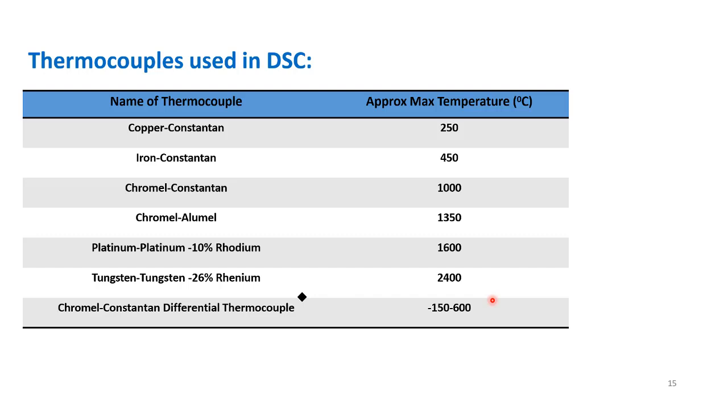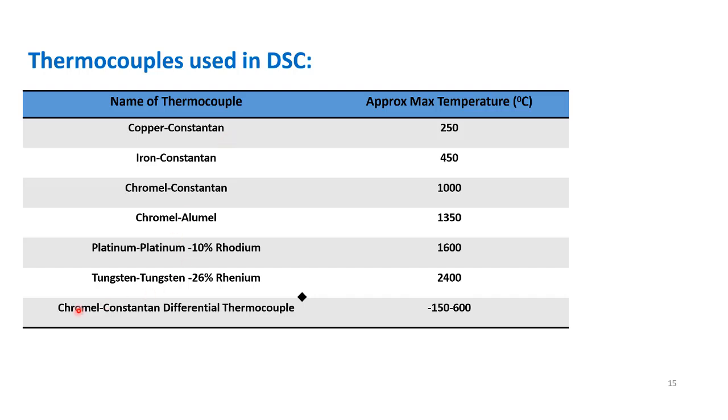Then for the thermocouples which are used in DSC, there are multiple thermocouples based upon our need, like the maximum or minimum temperature we want. The lowest temperature range goes with copper constantan.